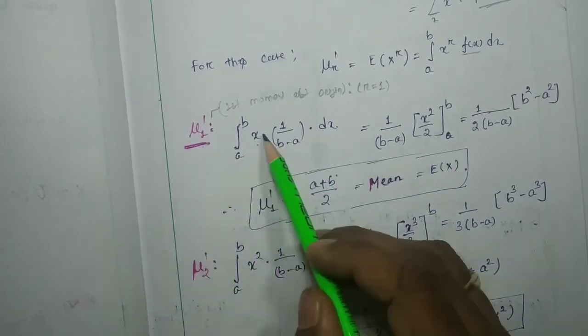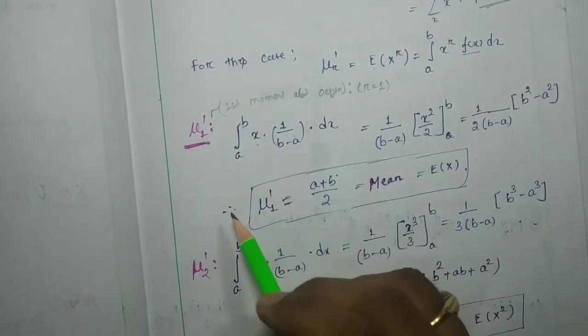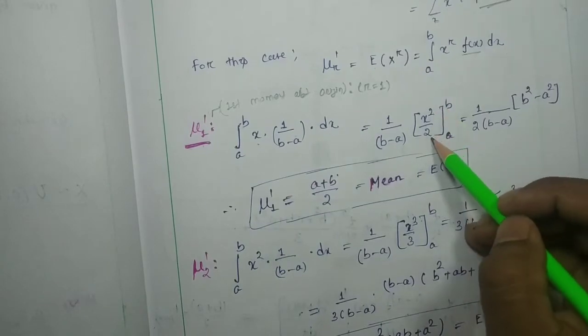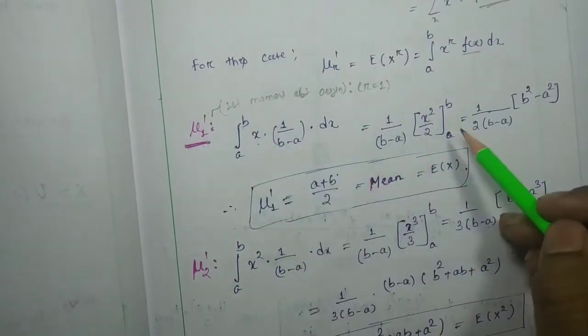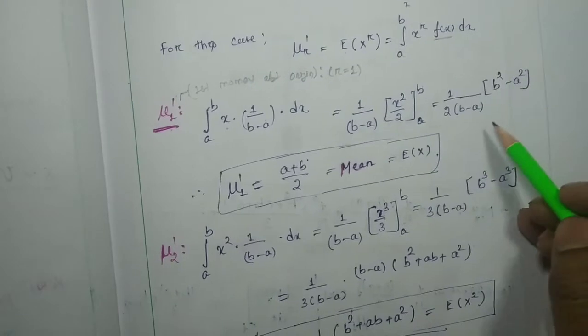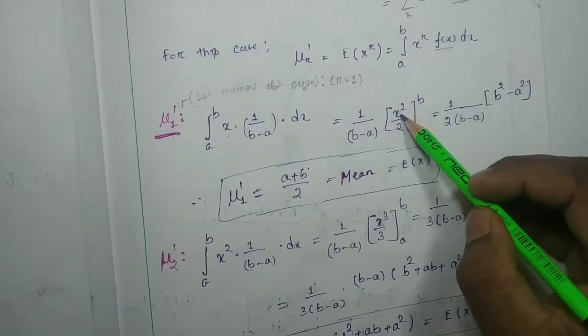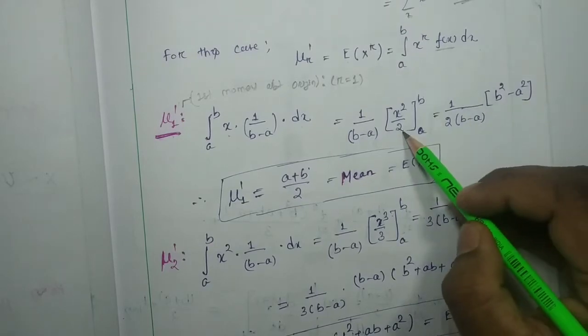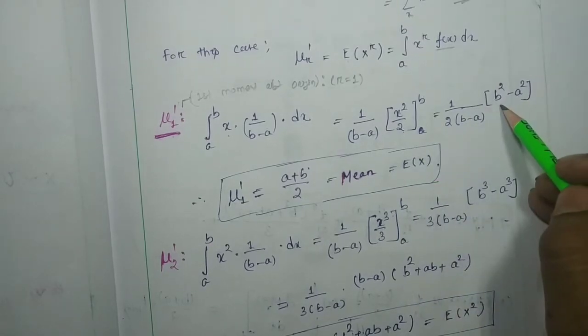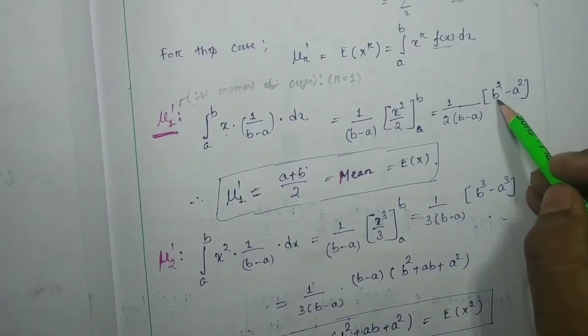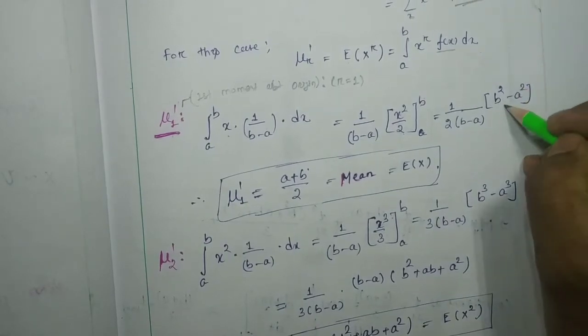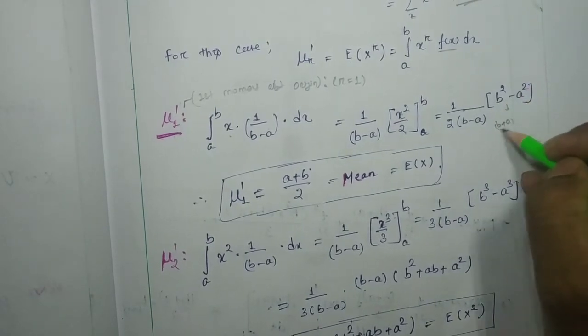Here x dx, if we integrate, it will be x square by 2, and the limit is a to b. We have to just put a to b, and if we put the upper and lower limits, it will be b square minus a square by 2, with 1 by b minus a already there. So b square minus a square can be written as b plus a into b minus a.